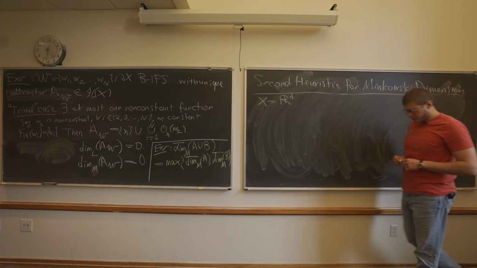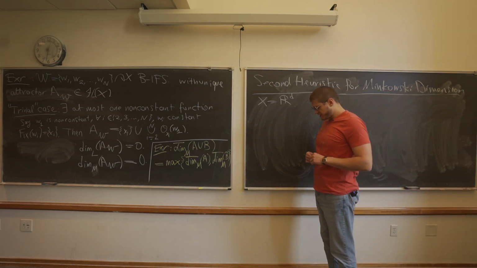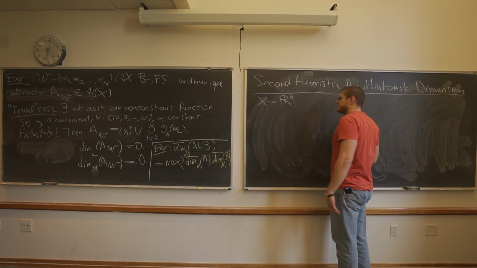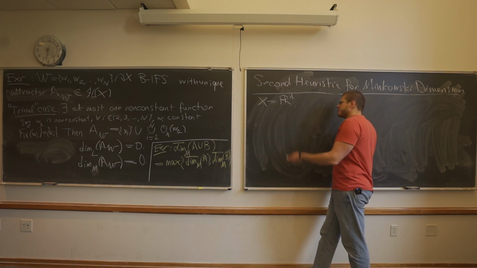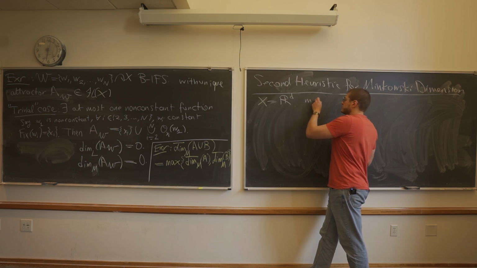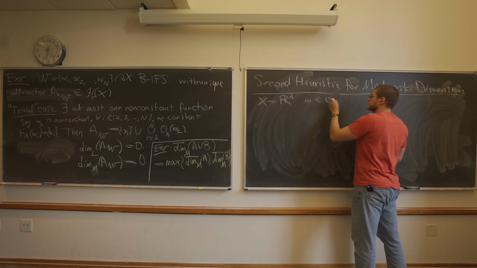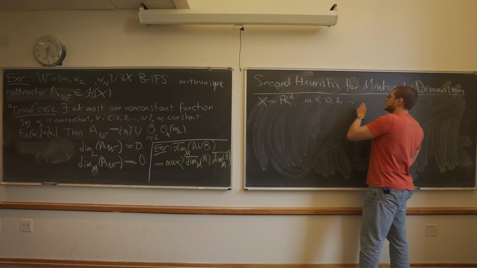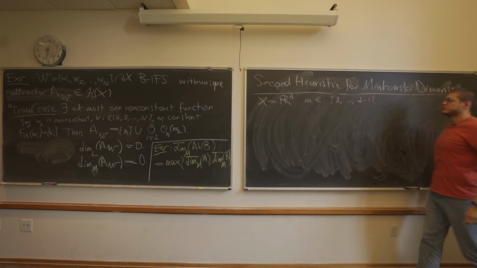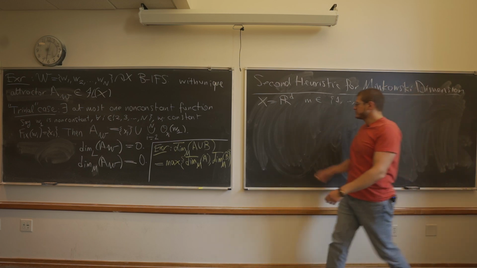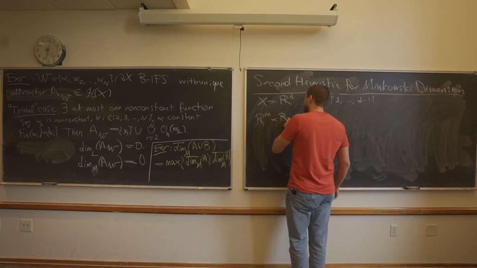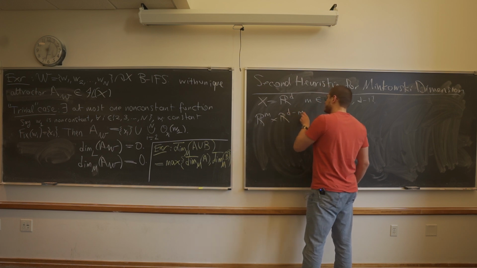Let me fix a number that is less than D, let's say M, from 1 to D minus 1, so that I can think of R^D as R^M times R^(D minus M).